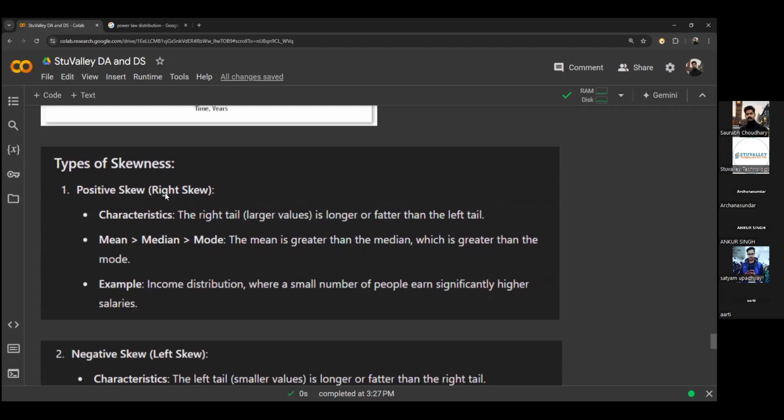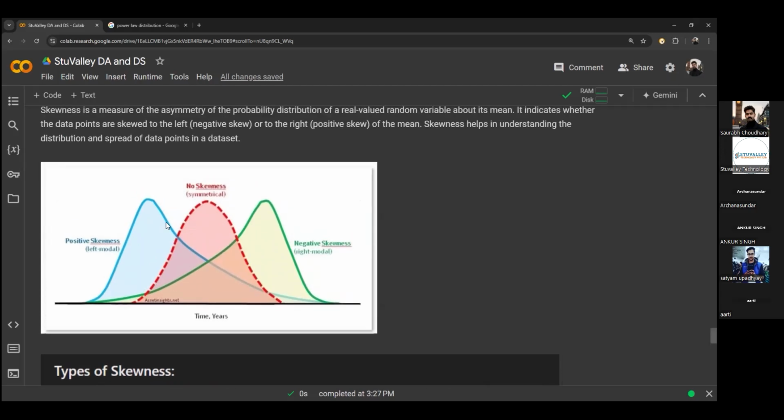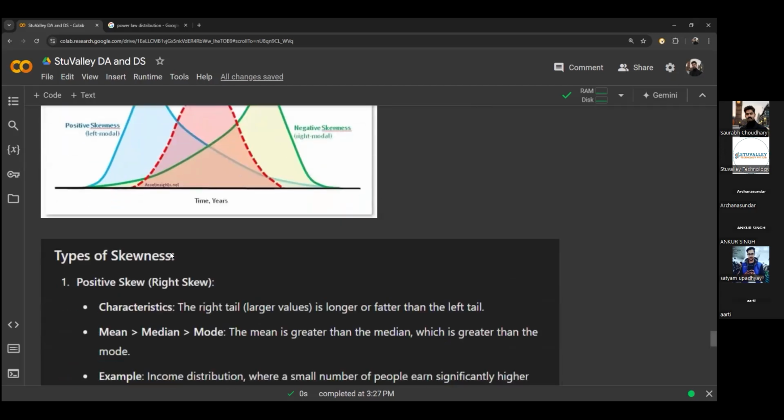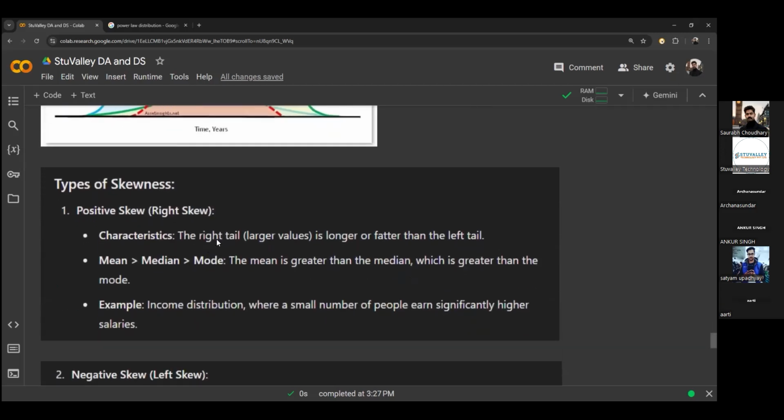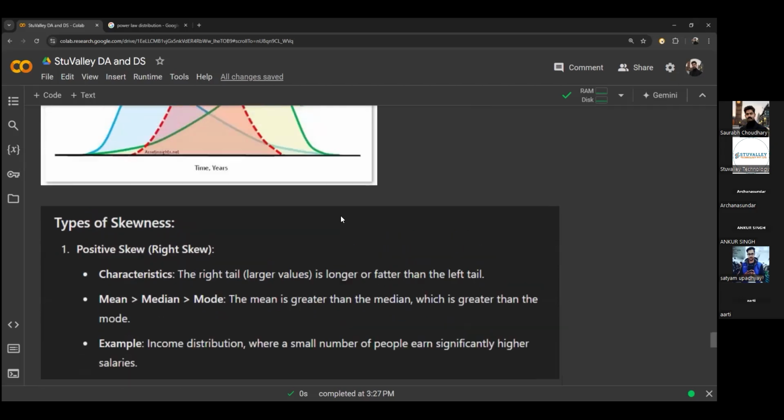So in positive skew, what is the characteristic? It's talking about this blue one. So you'll see the right tail, larger value, is longer or fatter than the left tail.